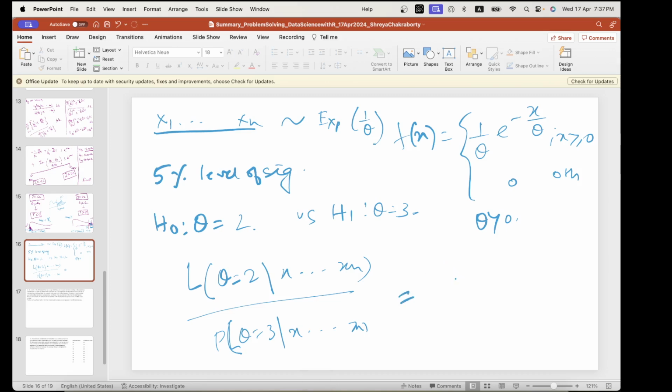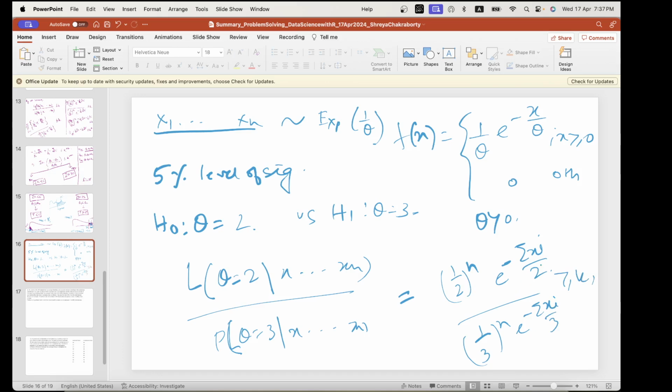So you will have to write 1 by 2 to the power n e to the power minus summation xi by 2, over 1 by 3 to the power n e to the power minus summation xi by 3, which should be greater than or equal to k.